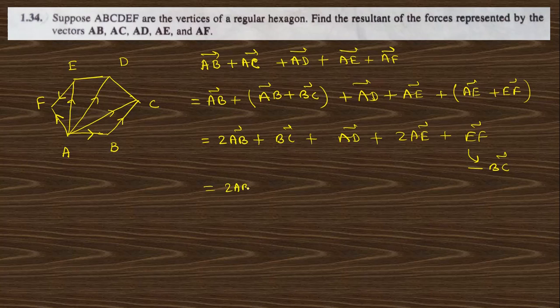We get 2 AB vector plus AD vector and AE vector. AE vector can be written as AD vector plus DE vector. So 2 AB vector plus AD and 2 AD, that is 3 AD vector plus 2 DE vector.